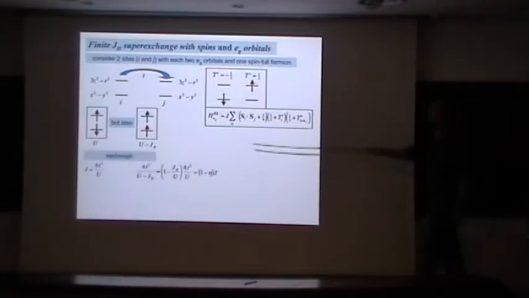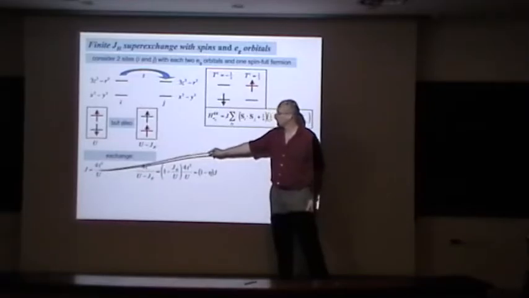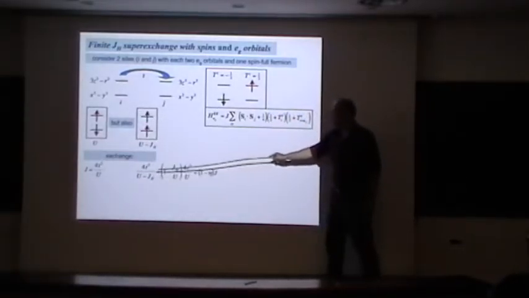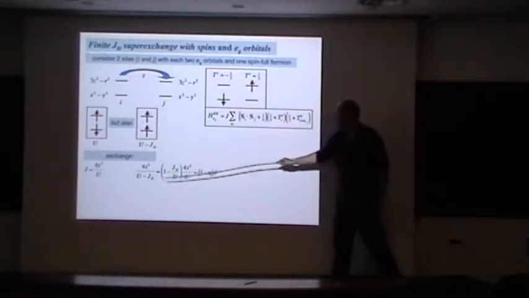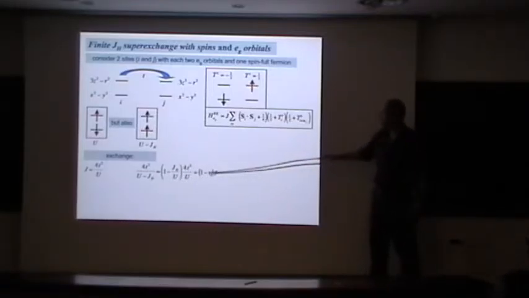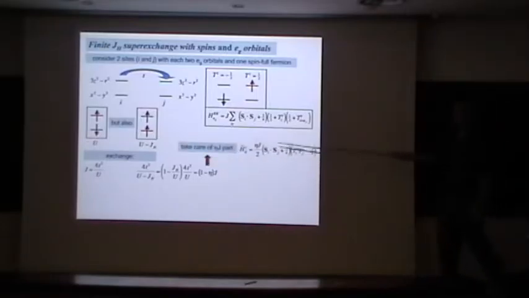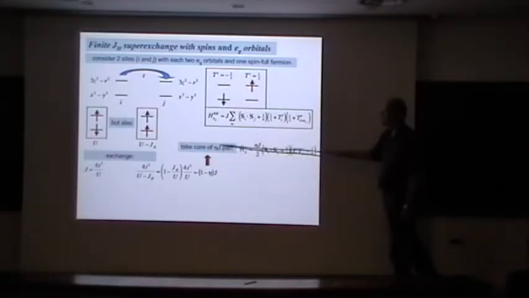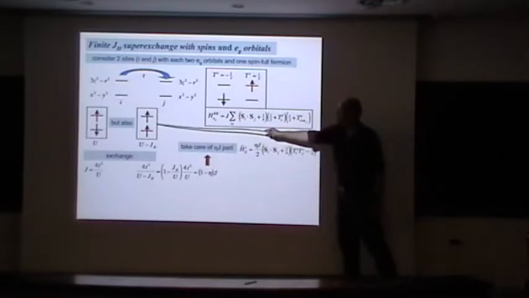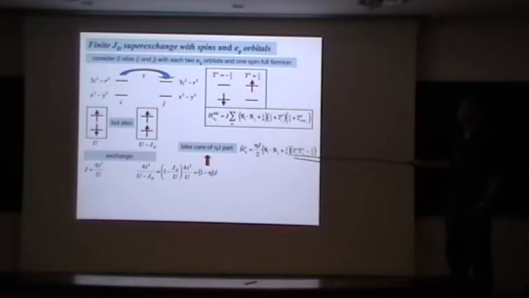Hund's rule coupling normally is much smaller than U, so here J is 4t squared over U. In this case, J is 4t squared over U minus J Hund, which I can expand in J Hund over U, which I call the parameter eta. So the question now is, how does this eta part, related to the Hund's rule coupling, affect my Hamiltonian?